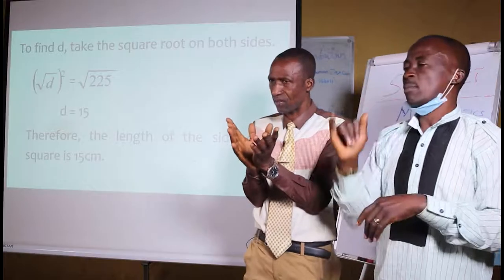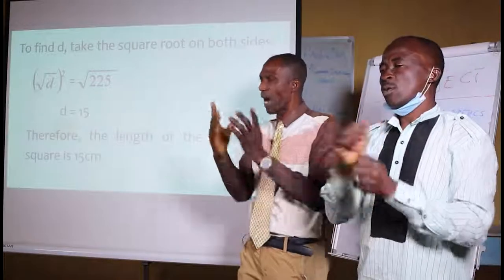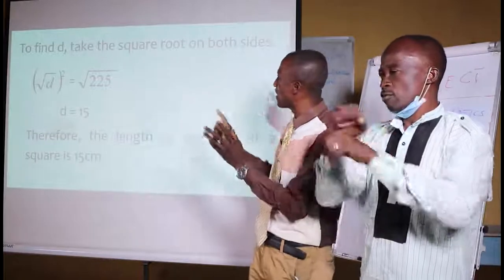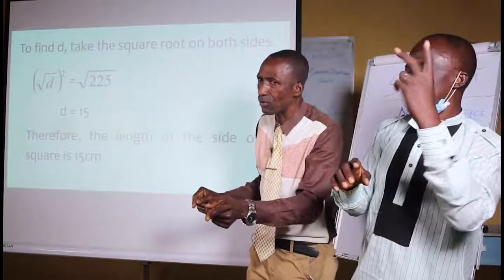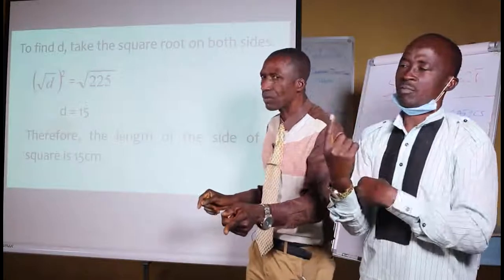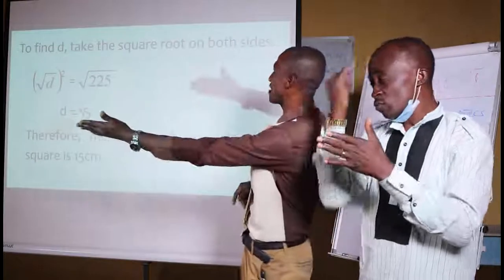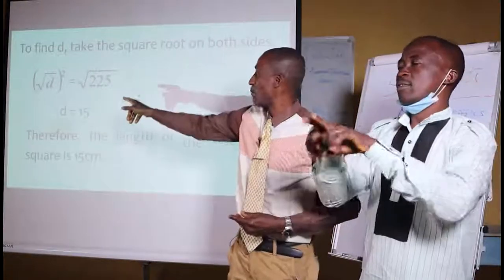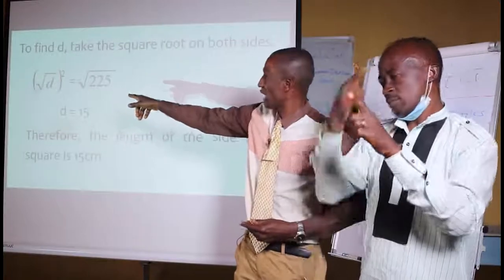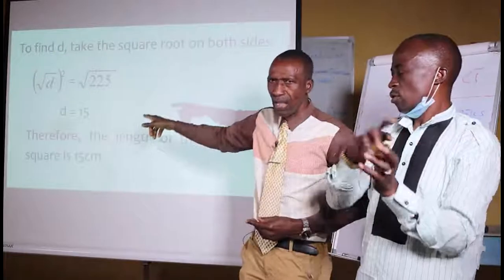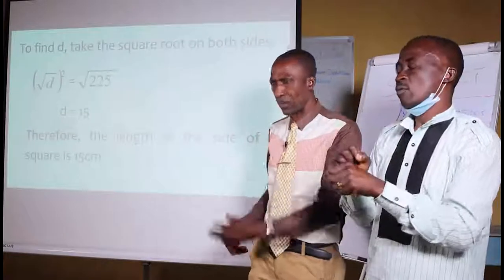By the laws of indices, which we have learned long ago, the square root of d square leaves you with d alone. That is why the left-hand side is written as d. It equals the right-hand side, the square root of 225.